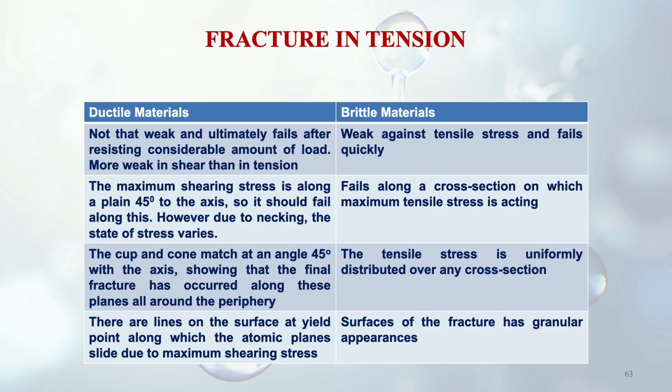Whereas brittle materials are weak against tensile stress and they fail very quickly. The maximum shearing stress is along a plane 45 degrees to the axis, so it should fail along that. But due to the necking, the state of stress varies, so it may be possible that it does not fail along the 45 degree plane.